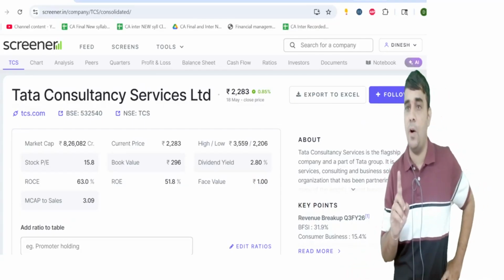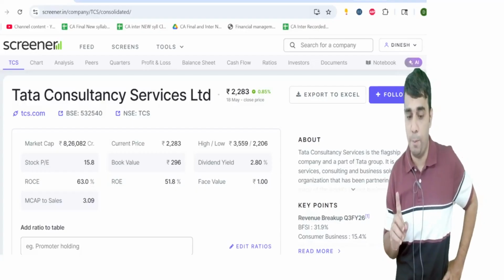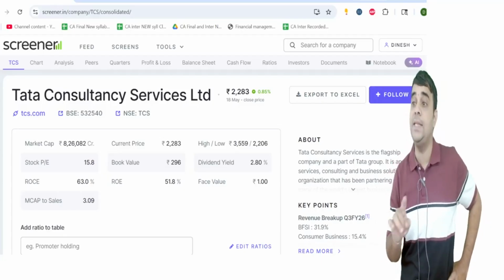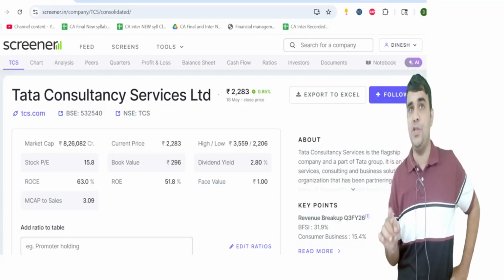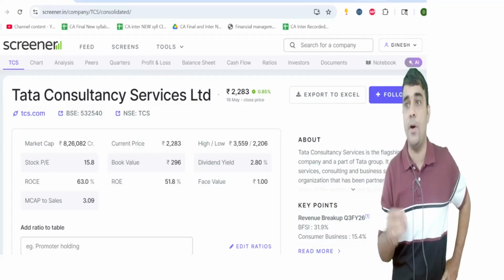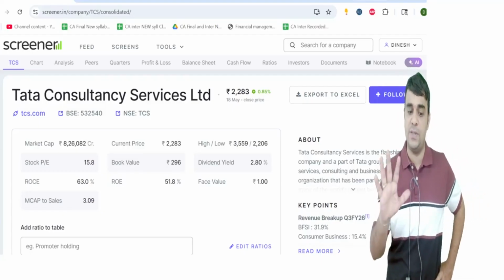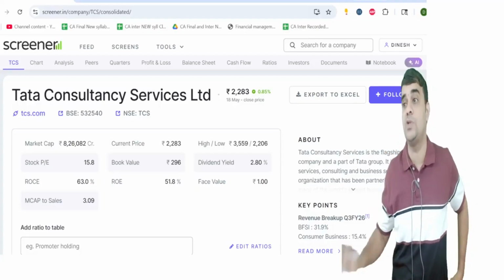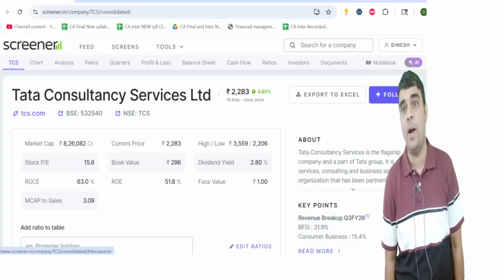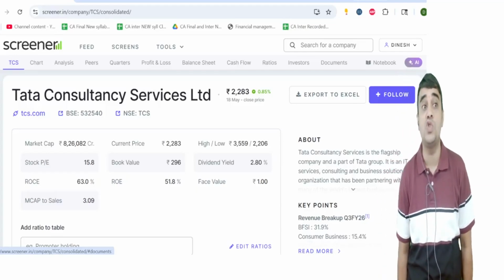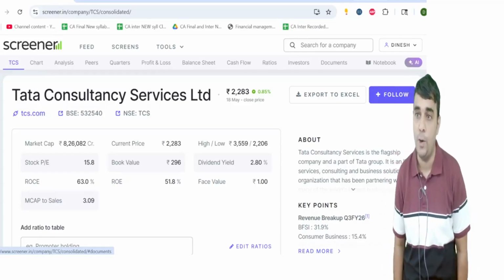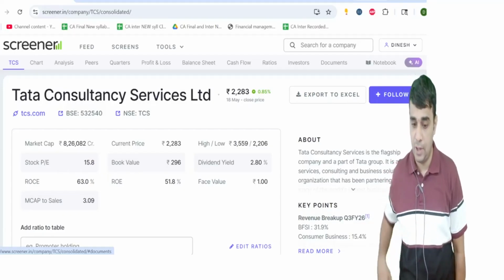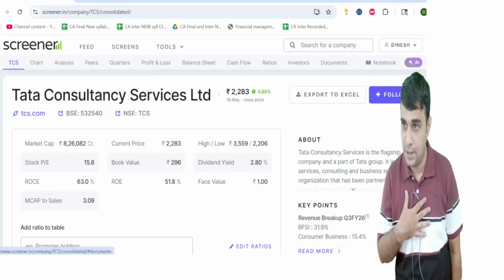Price is 2283, dividend yield is 2.80%. 2.8% on 2283 is approximately 50 to 60 rupees. 60 rupees on a face value of 1 rupee will be 6000 percent. So I'll say the dividend rate is 6000 percent.